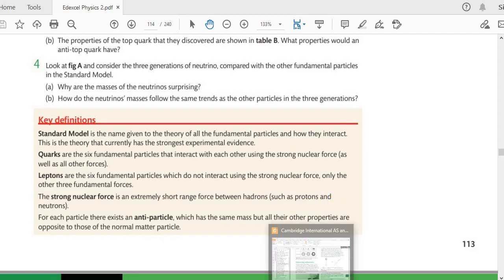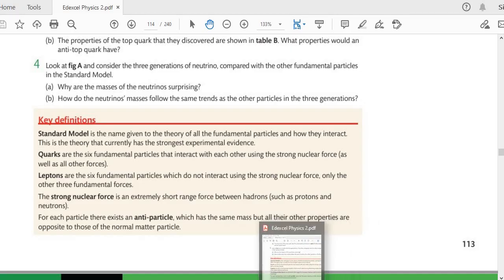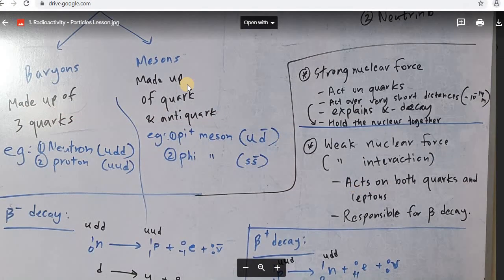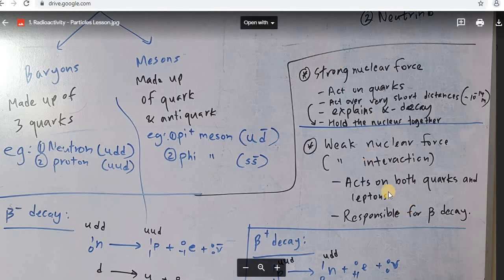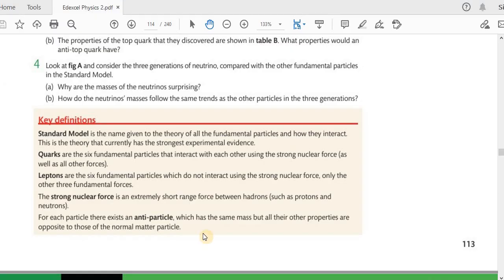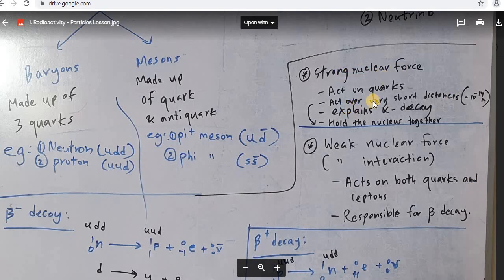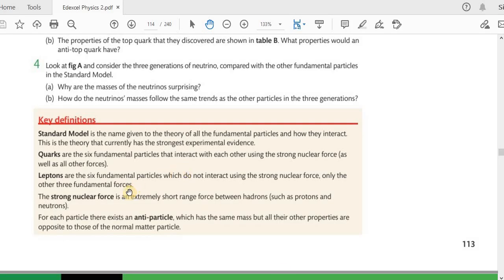Now, what are hadrons? Hadrons are made up of 2 or 3 quarks. Okay, so before we go to that, I want to just show you this part here. The strong nuclear force is an extremely short range force. See, strong nuclear force acts over very short distances. I have put that in the note here. Then also you can see force between hadrons. Now, what are hadrons?